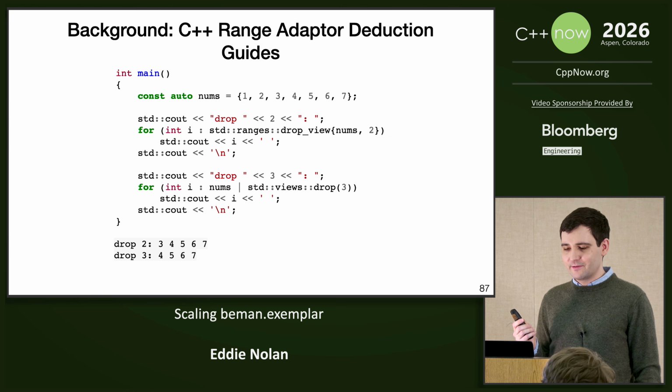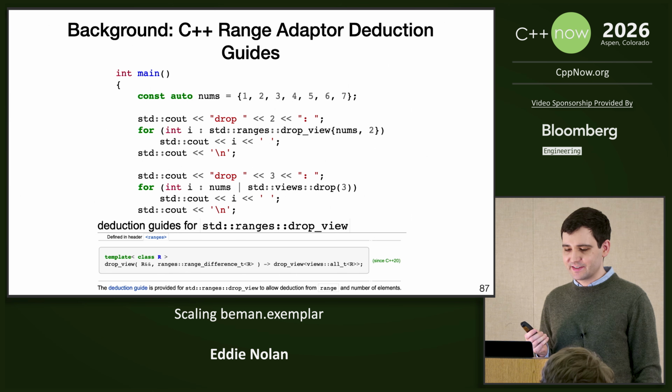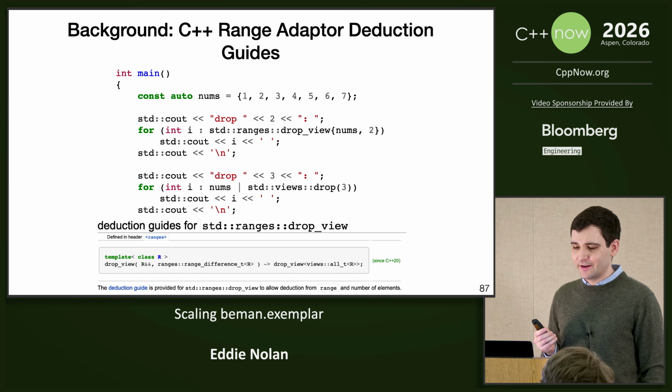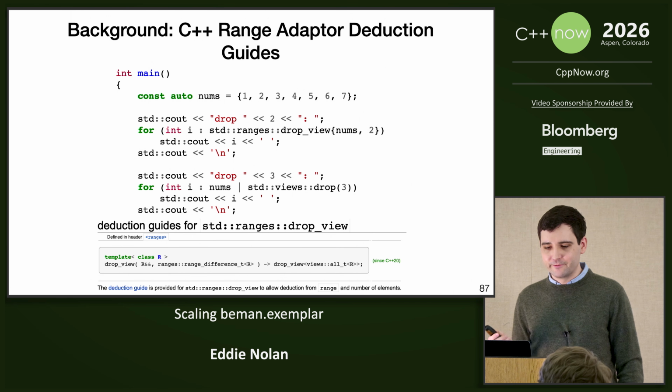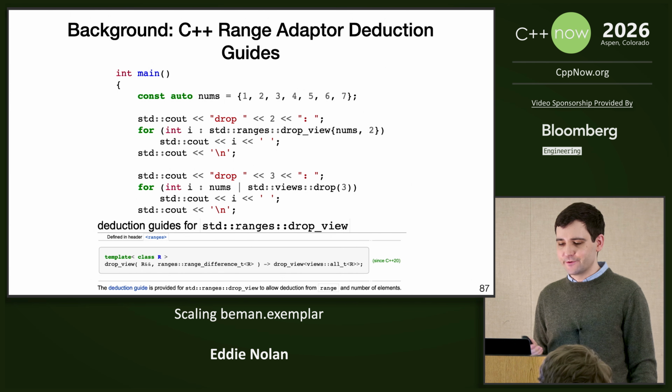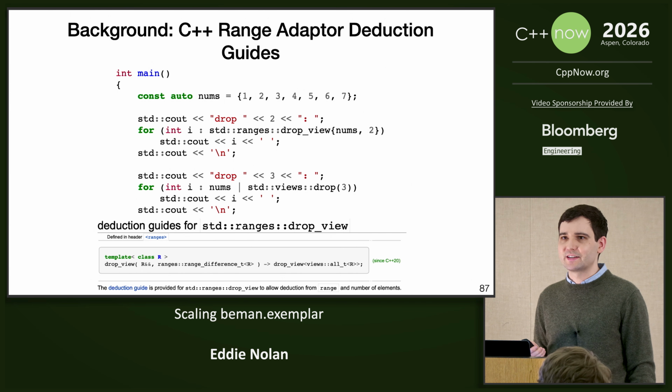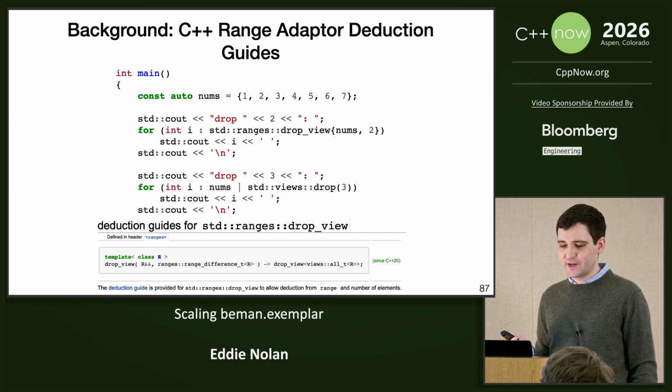And these are two equivalent ways of doing the same thing, spelling out drop view or using std::views::drop. But the way that the first one actually works is it needs this deduction guide in order to turn the view that comes in into the views::all_t version of that, which is essentially like a mechanism for the views library to distinguish between owning and reference-based ranges.